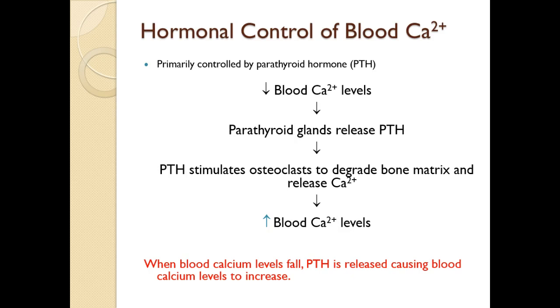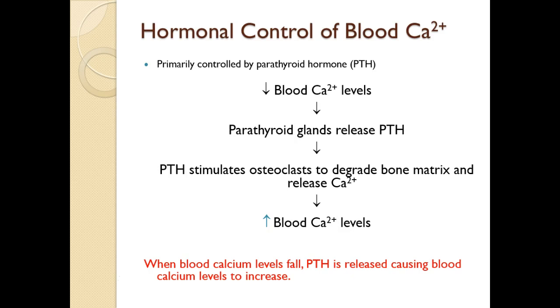So you would just say, when blood calcium levels fall, that stimulates the parathyroid gland to secrete PTH. You can skip the blood part. The PTH tells the osteoclasts to break down bone faster.